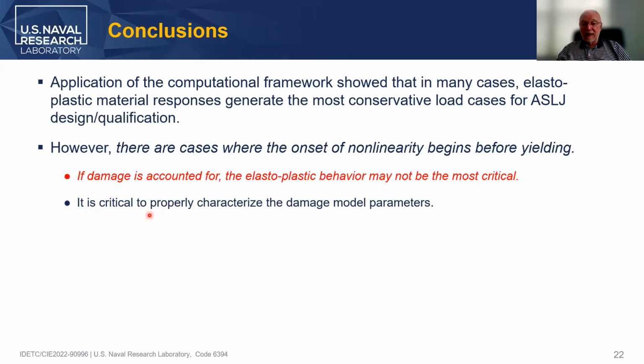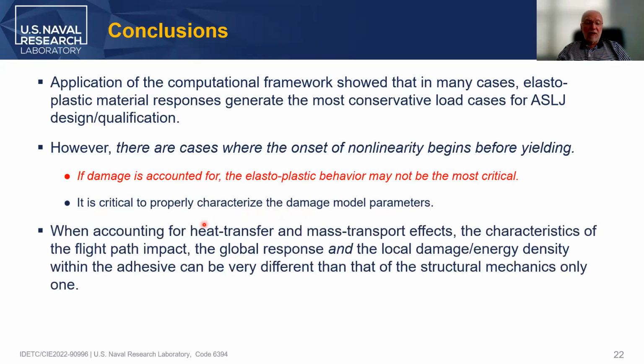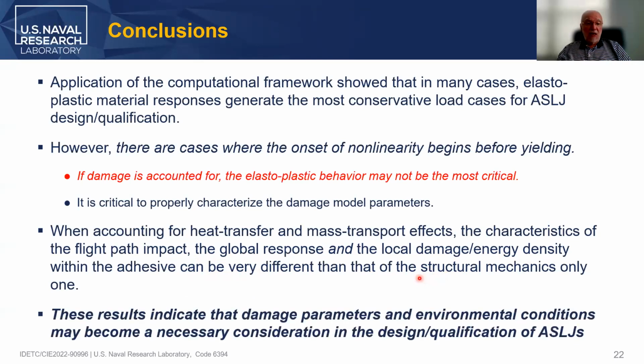It is critical also to properly characterize the damage model parameters, which here we had to select based on prior experience, which is not necessarily always applicable for a particular case. And then when accounting for heat transfer and mass transfer effects, the characteristics of the flight path impact, the global response and the local damage energy density within the adhesive can be very different than the one we saw from structural mechanics alone.